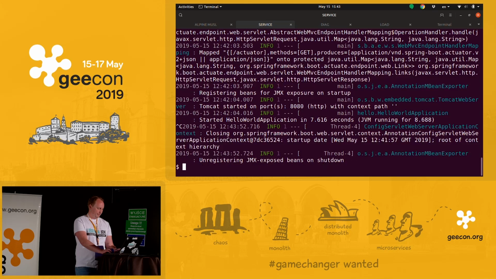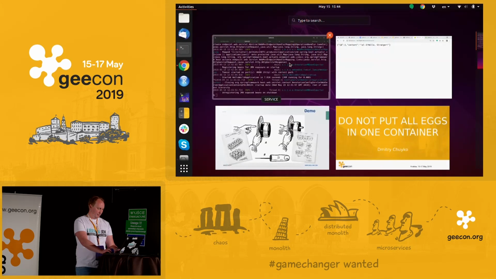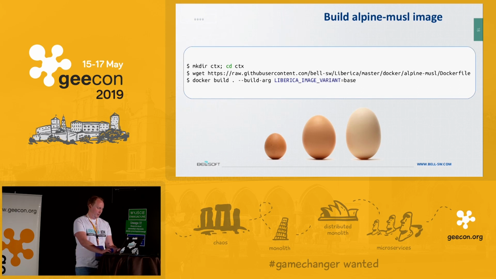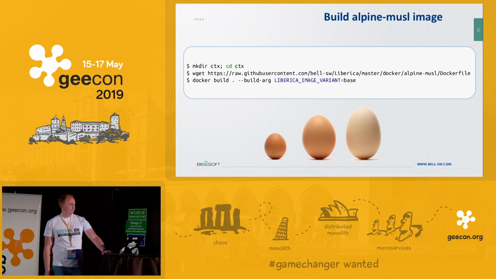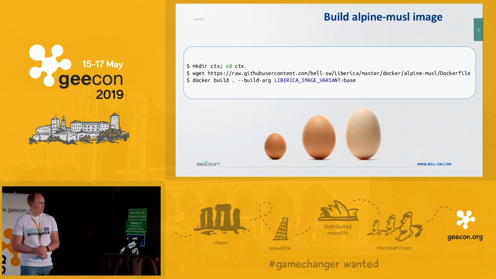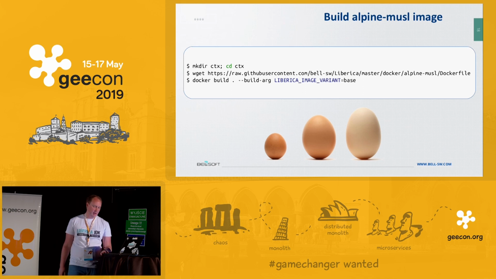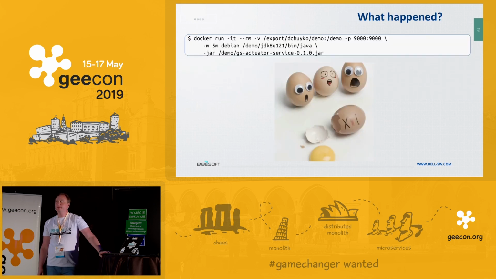All right. So, what we've seen so far. We've seen that we might create one of the small base images in a really simple manner using base images of Liberica.